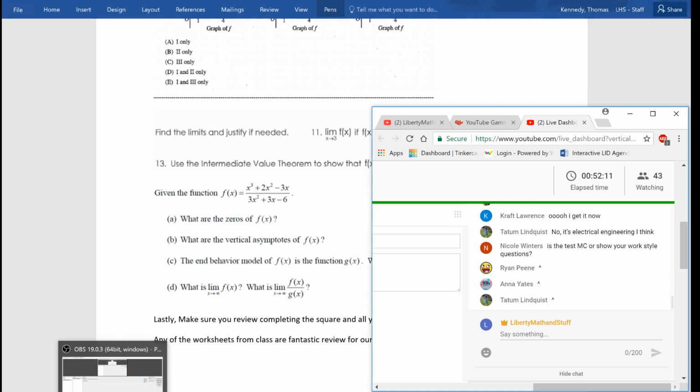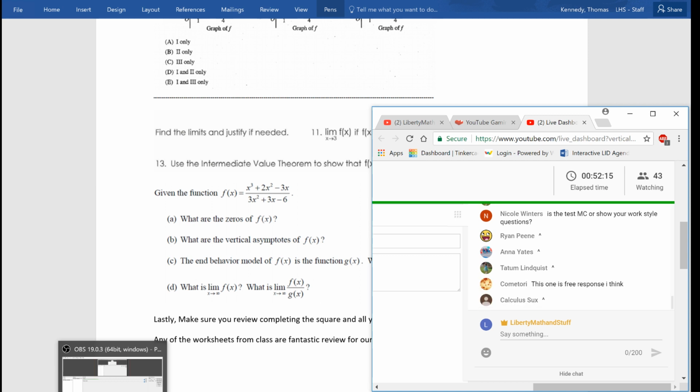Is the test multiple choice or show your work style questions? It is show your work style questions, definitely. Yeah, there's a lot of free response questions. It's going to take me a long time to grade. So, yeah, I'm lamenting that. But I think it's a pretty representative test of what we've done in class. There definitely is all of the algebra stuff.